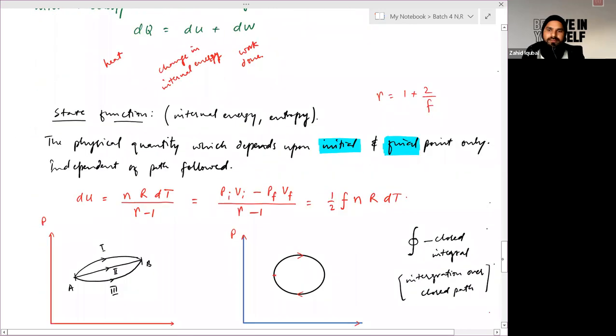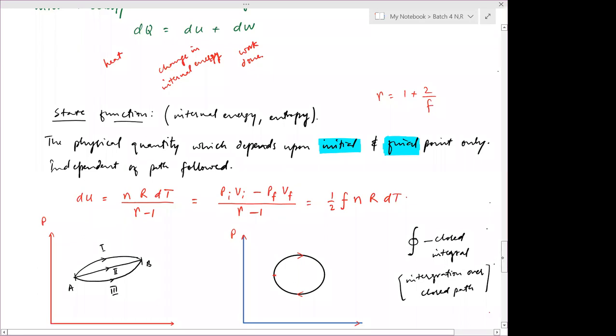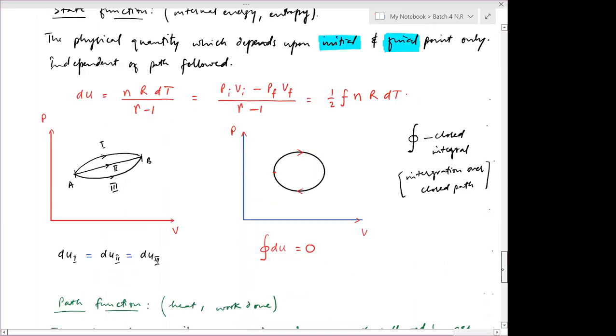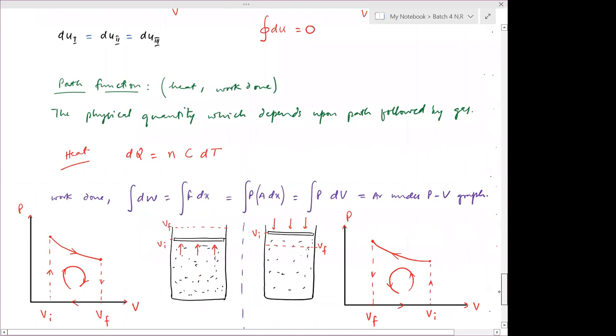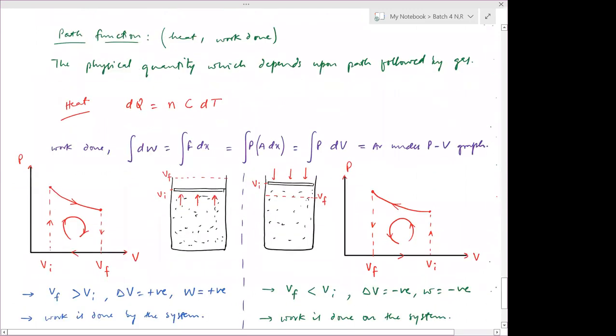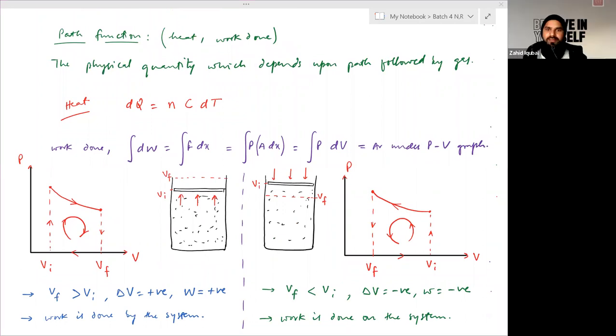This part? The path function. I'm just giving you a 5-minute break, okay? Just write it down.